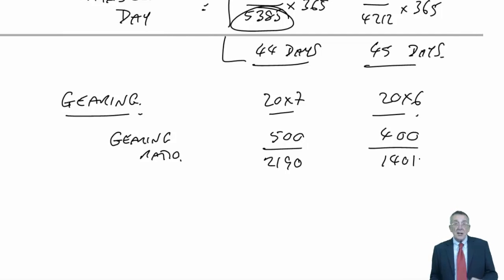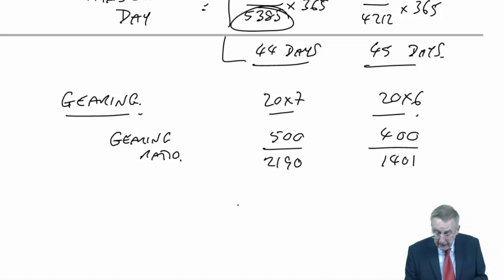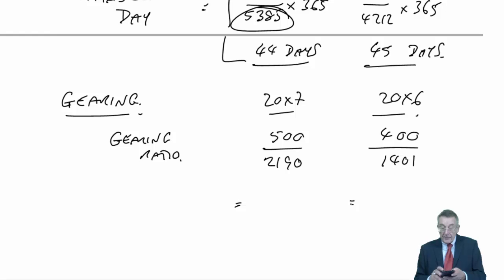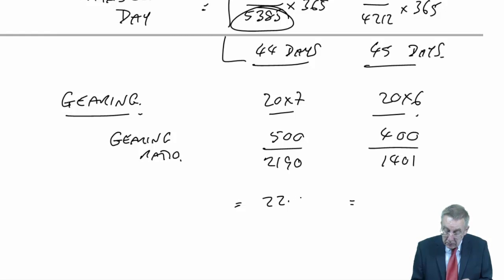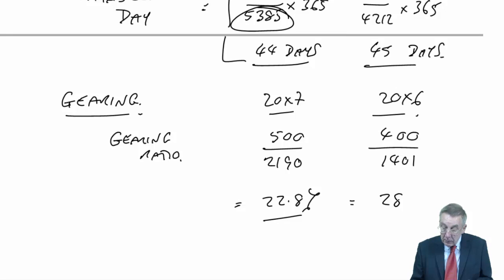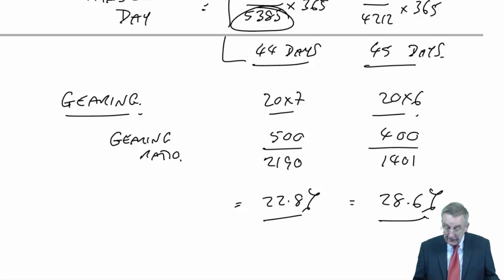Now, different people measure this in slightly different ways, but this is the way that you should measure it for this exam. It comes to 500 over 2190, 22.8% this year, and last year 400 divided by 1401, 28.6%.